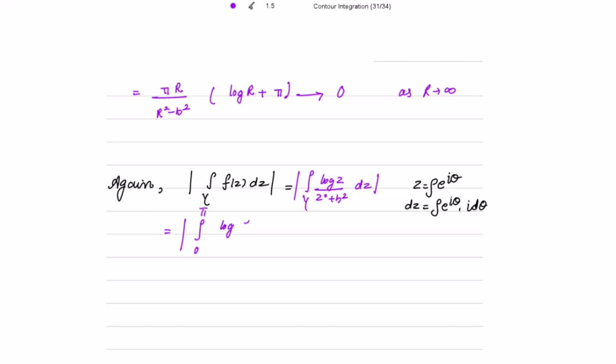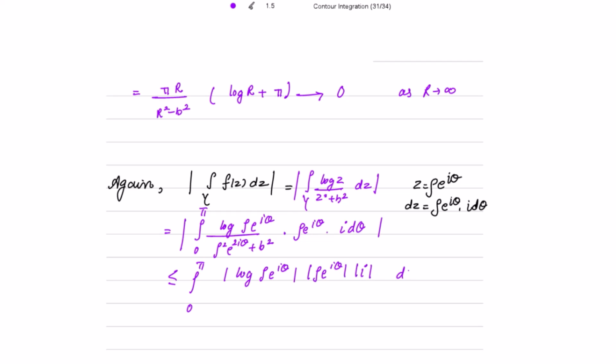So this is log of rho e^(iθ) over rho² e^(2iθ) plus b² into dz, which is rho e^(iθ) i dθ. So this is less than or equal to the integral from 0 to pi of mod of log rho e^(iθ) and mod of rho e^(iθ) mod of i dθ. And in the denominator, this is mod of rho² e^(2iθ) plus b².